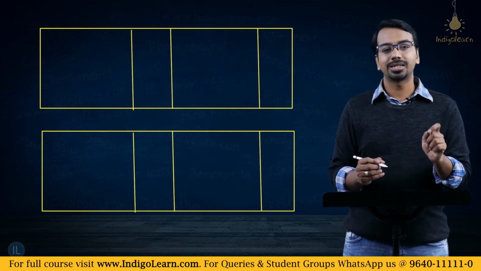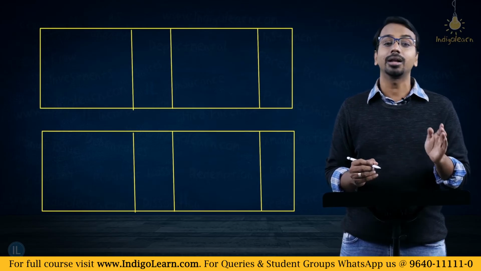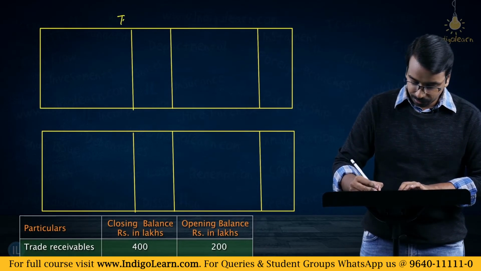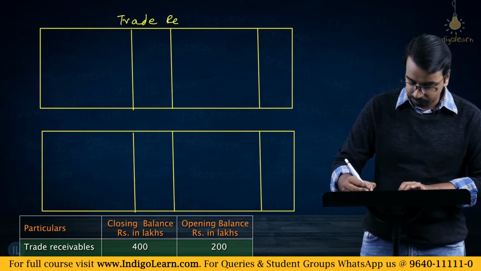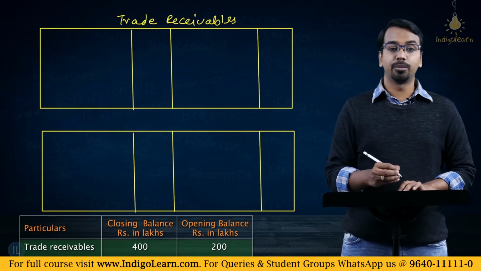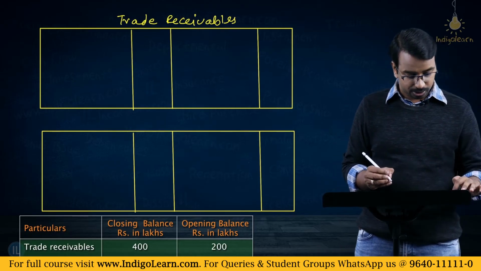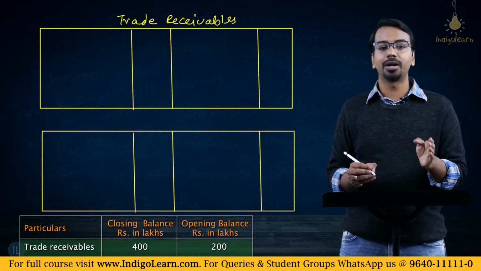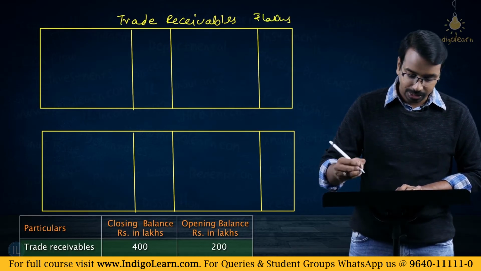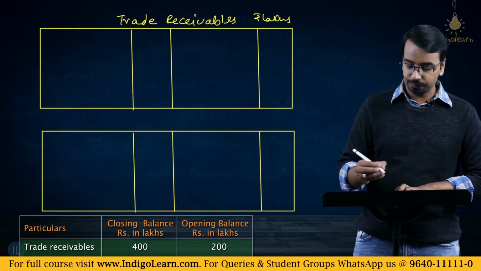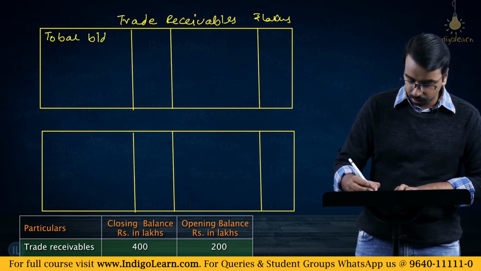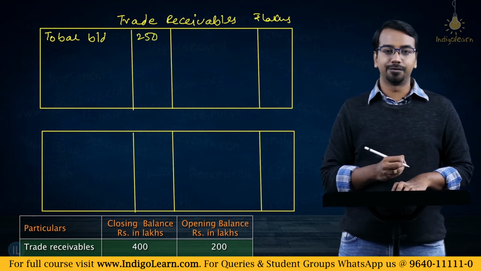To begin with, we will start with accounts receivable, or the debtors account. So if you see, you have trade receivables. What is the opening balance? The opening balance given is 250 lakhs. So we will just say, in rupee lakhs, the opening balance is 250: to balance brought down 250.